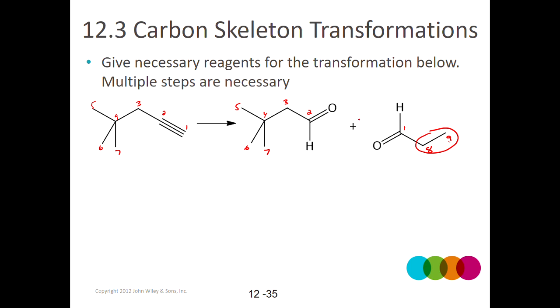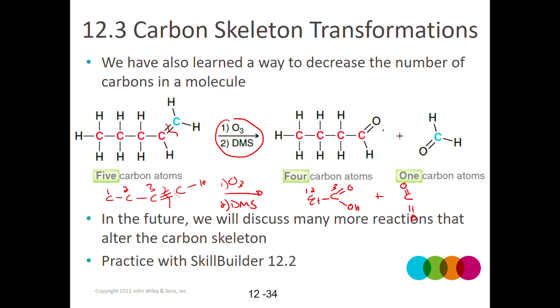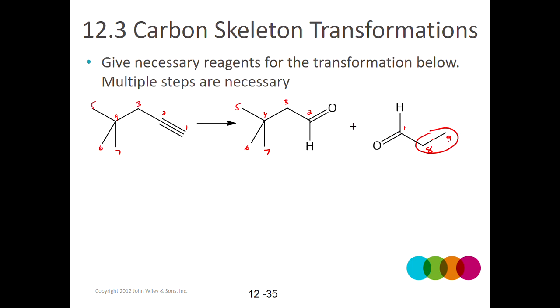I do see these CO double bonds, and this is very similar to what we saw here. If I have an alkene and I use ozonolysis, I'll get 2 CO double bonds. So that's probably what I'm looking at in the last step.